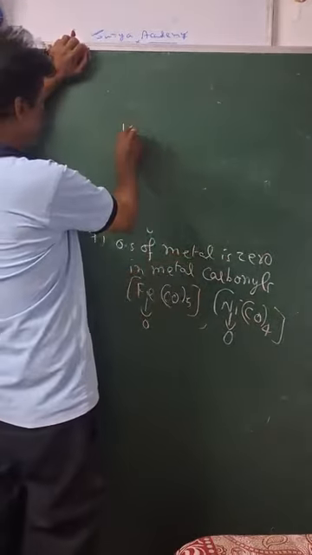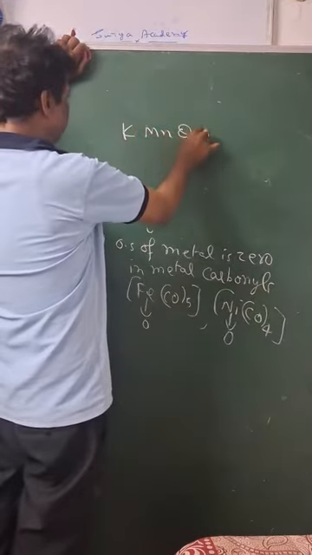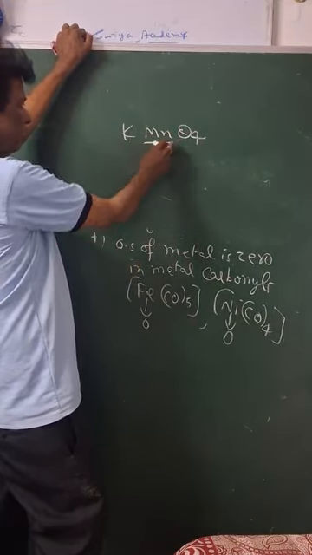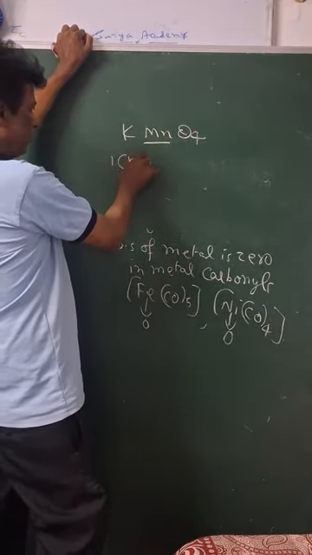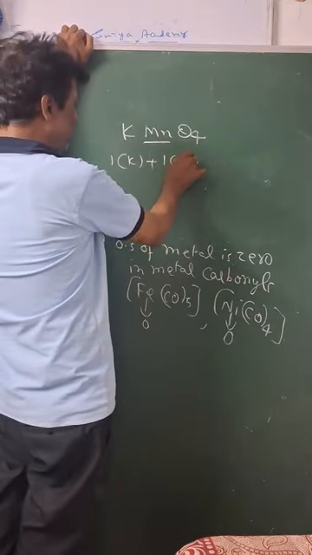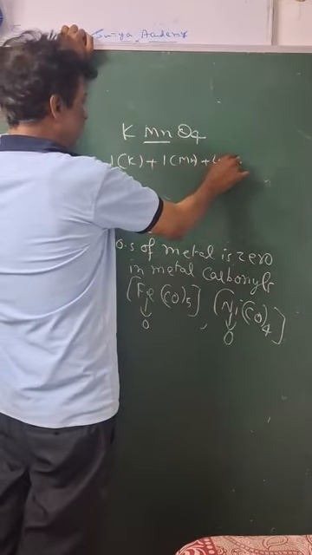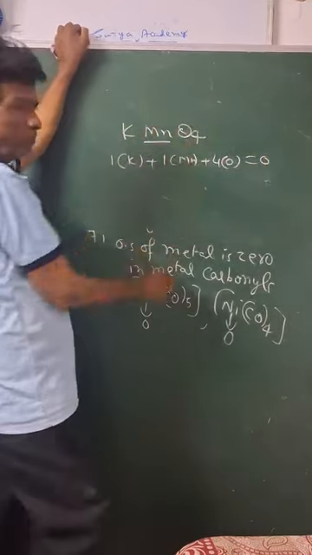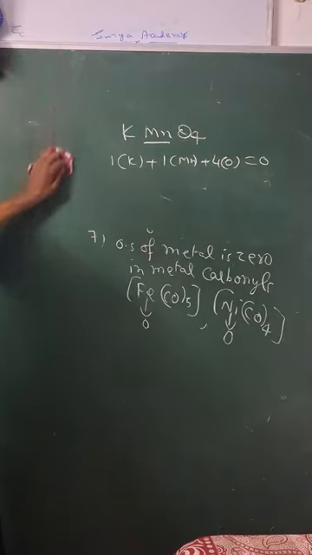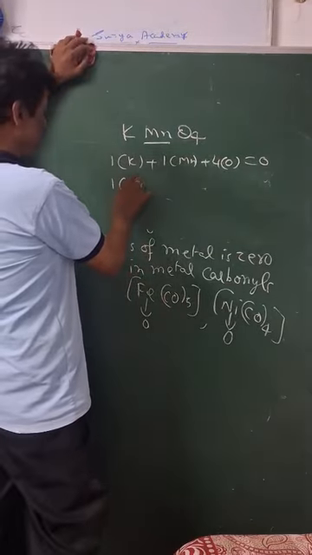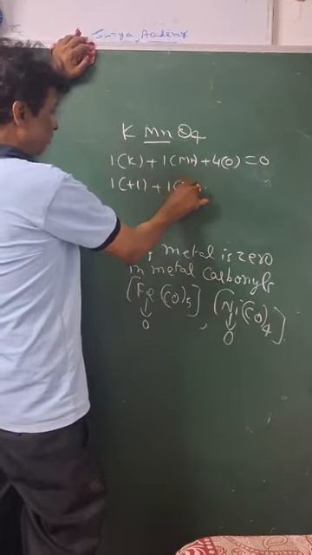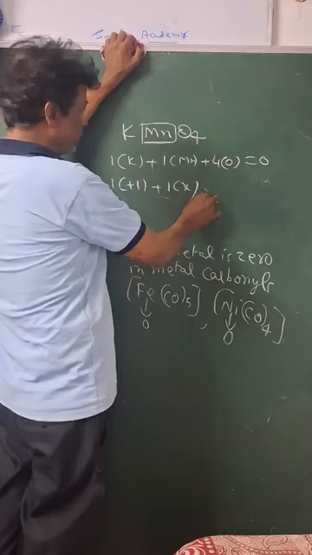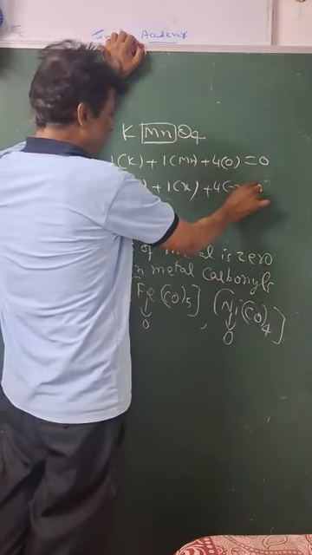Let's find the oxidation state of manganese in KMnO4. Here, how many elements are there? 3 elements: potassium, manganese, oxygen. 1 potassium, 1 into plus. 1 manganese, 1 into this. 4 oxygens, 4 into this. Here the charge is 0, because no plus, no minus means charge is 0. 1 potassium, 1 into plus 1. 1 manganese, we don't know, let the oxidation number of manganese be X. 4 oxygens, 4 into minus 2.